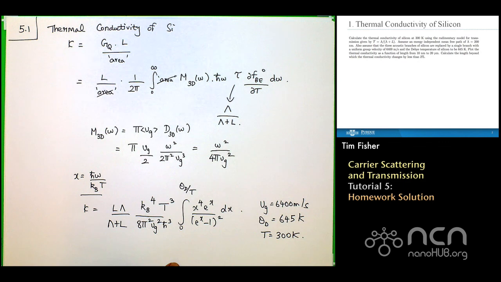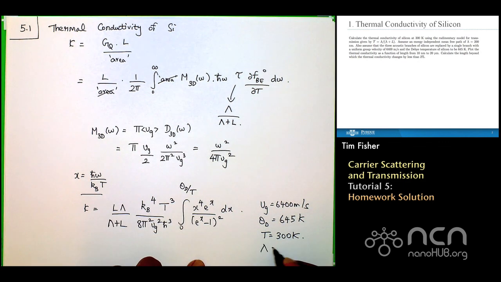We are also given a value for the mean free path. It's given to be 200 nanometers, and it has been assumed to be independent of frequency. That's a simplifying assumption that is made in this problem.